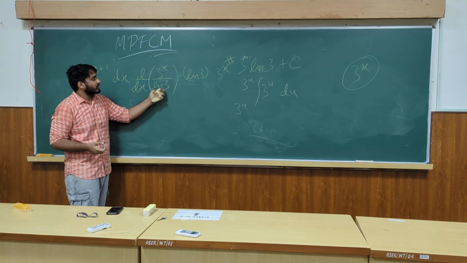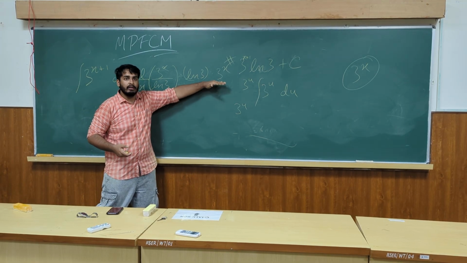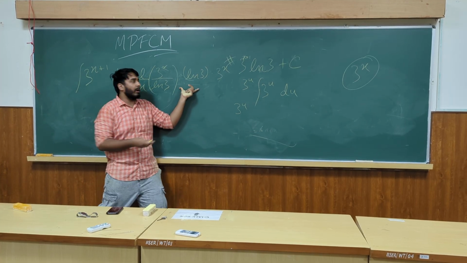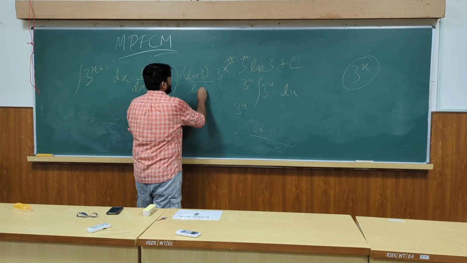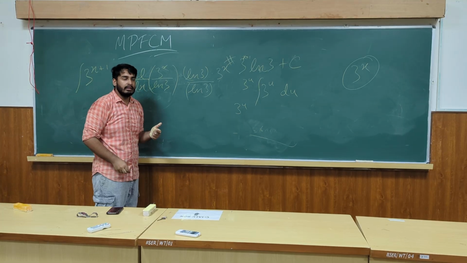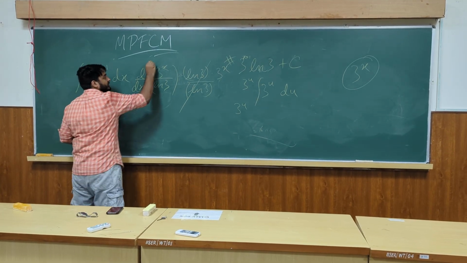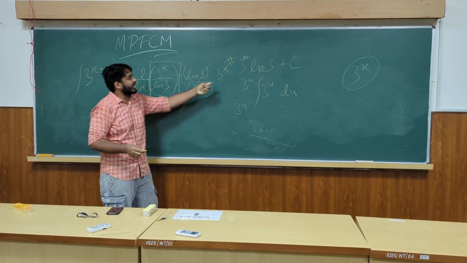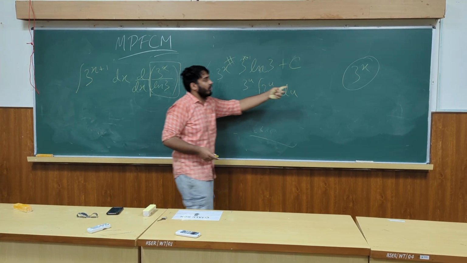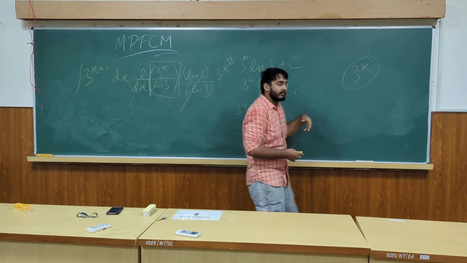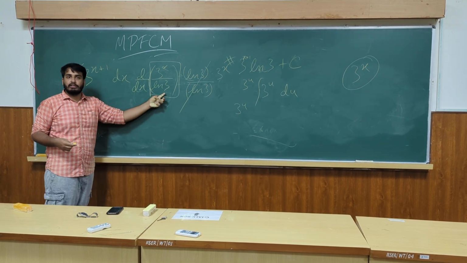Initially I did not have this constant, so it would come out as it is. So ln 3 comes out as it is, and the ln 3's cancel. So now I finally have a function differentiating which I get 3 raised to the x. So my original question, which function do I get when I integrate this? I have that function here.